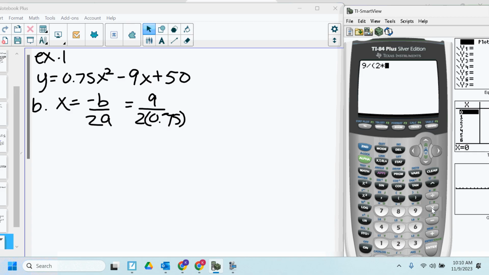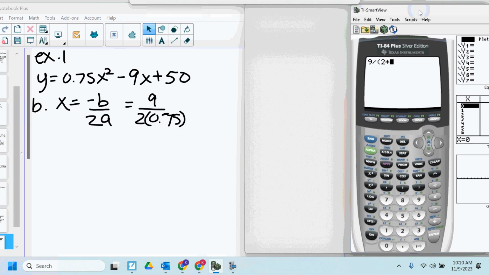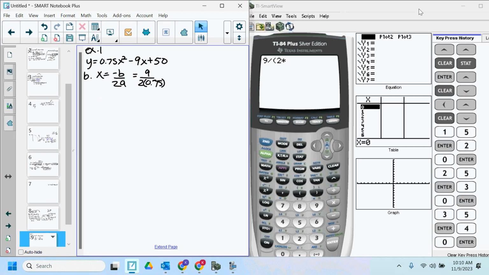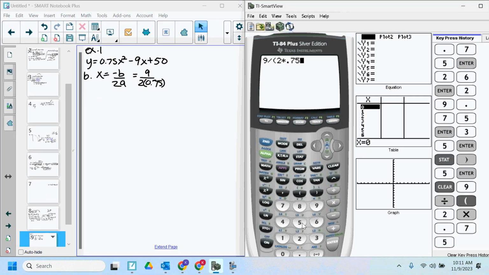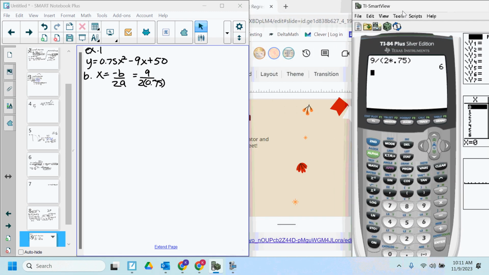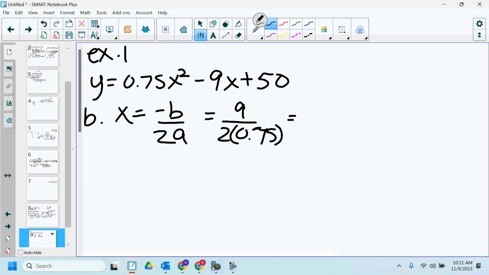So this would now be 2 times 0.75. Because if not, it might do 9 divided by 2 and then multiply that by 0.75. So that's the difference there. Just keep that in mind moving forward while we're learning how to use our calculator. So we know our x value is 6 for our vertex.